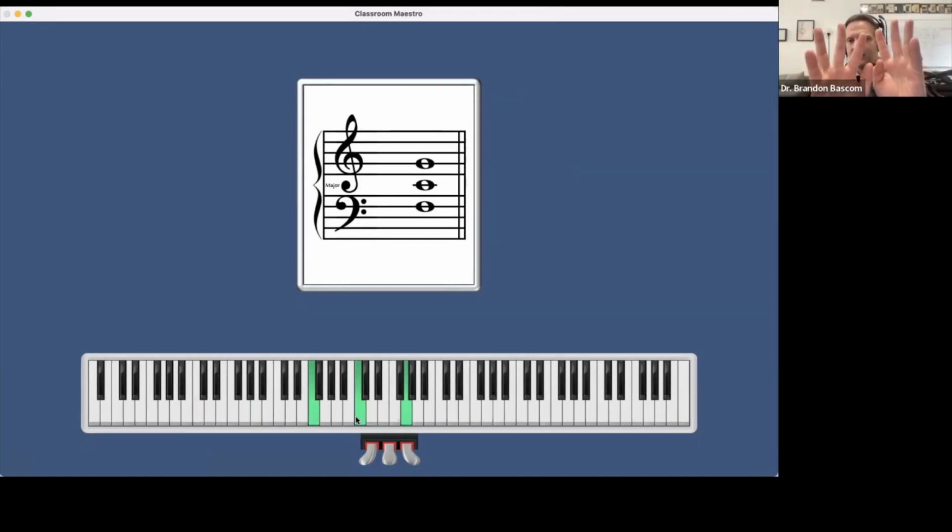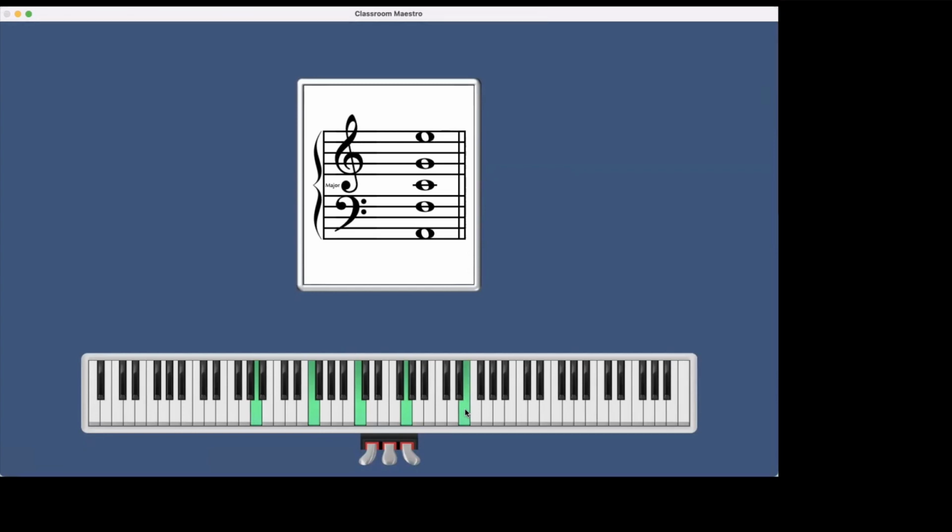So we went 1, 2, 3, 4, 5. Now watch me close. I'm going to take my thumbs and pivot under my pinkies and go out 5 more. That should give me bottom space A and top space E. I'm confused on how you pivoted. Okay, no problem.